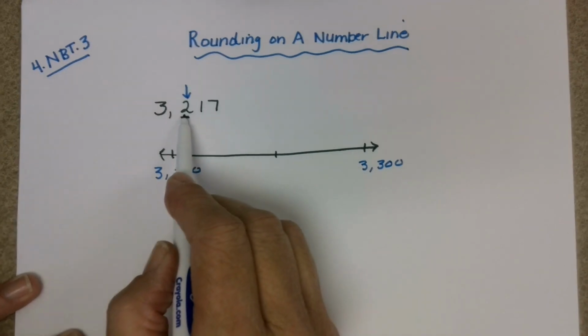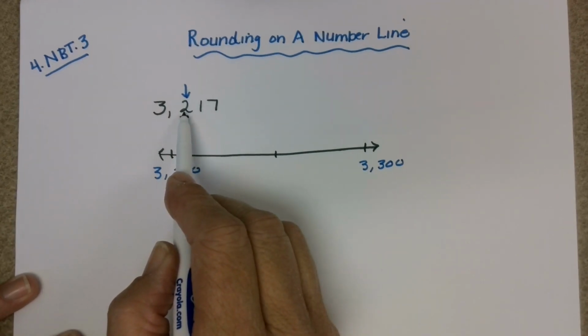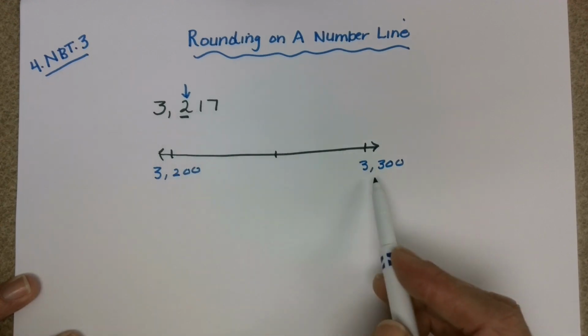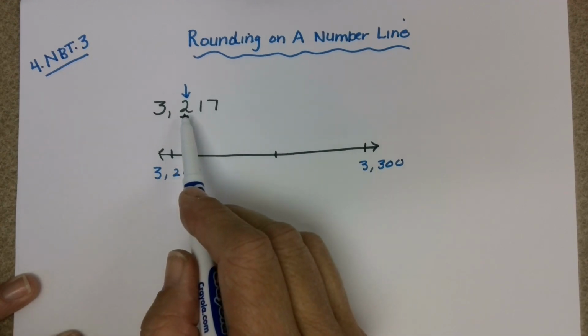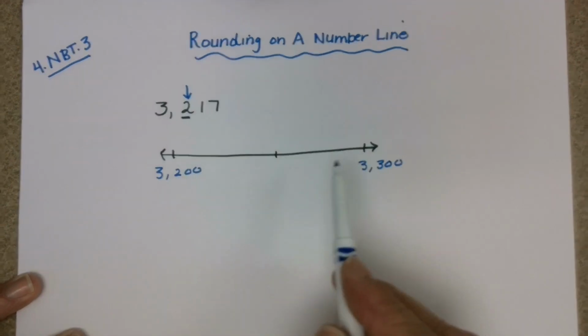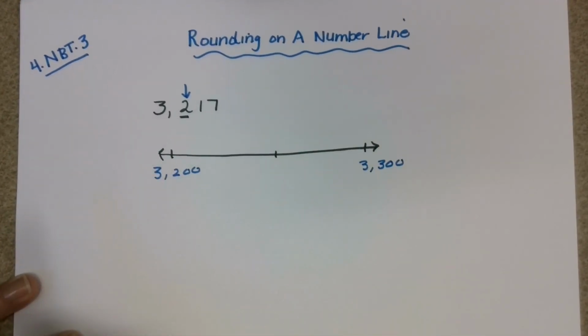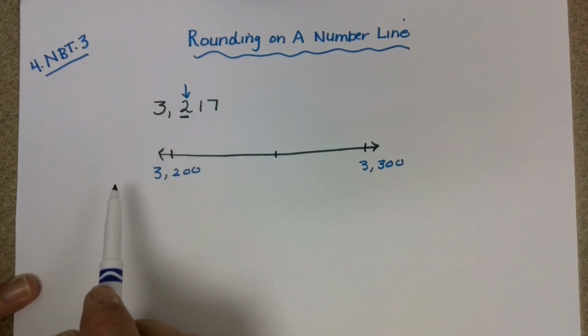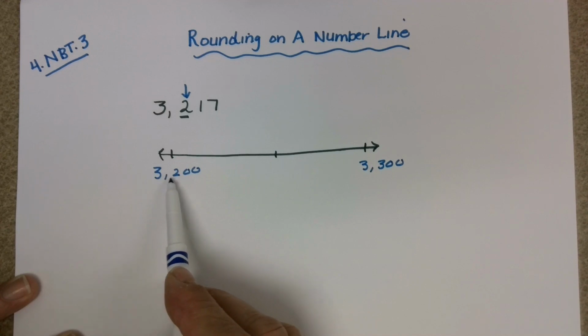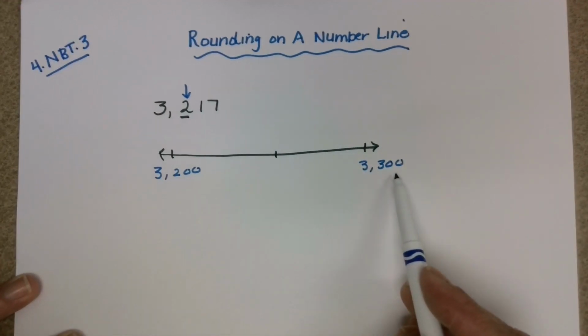The lower value is whatever the underlined digit is, and the higher value is one more than that underlined digit. It's never going to go lower than the underlined digit, and it's never going to go higher than one more than the underlined digit. So 3,217 falls between 3,200 and 3,300.